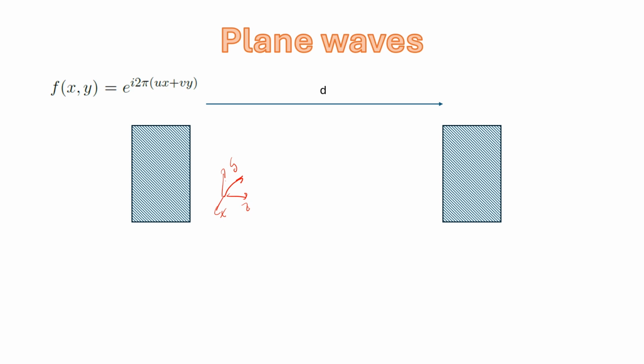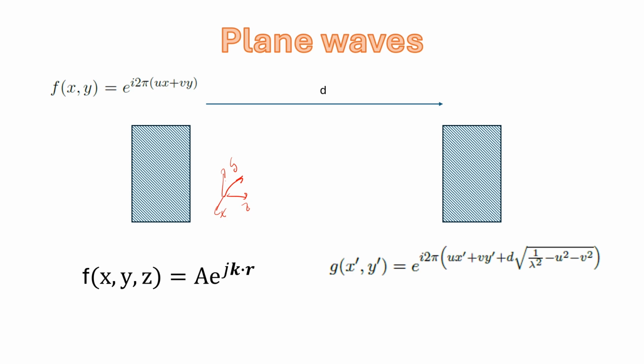The plane wave over the space is defined by this form, so it keeps a harmonic coefficient, but now has this z coefficient that satisfies the wave equation: the magnitude of the wave vector k has to be equal to 2 pi over lambda, which means that the diffracted field has the same harmonic function in the x and y direction as the input field, but it's delayed by this amount, where we have this z component of the wave vector implementing a phase delay.